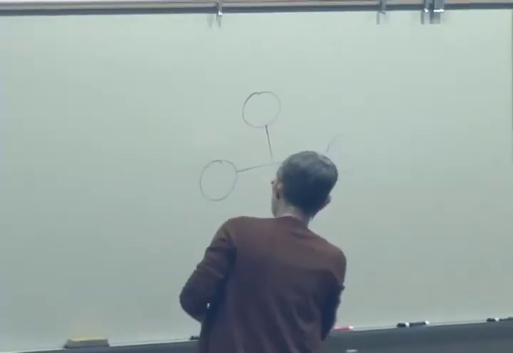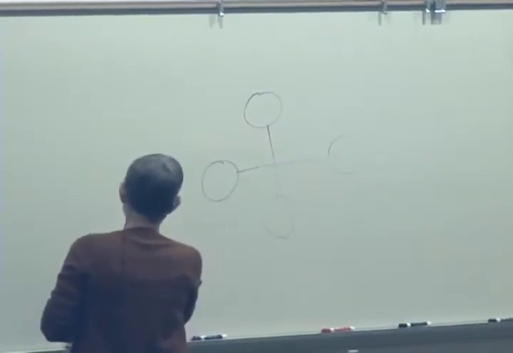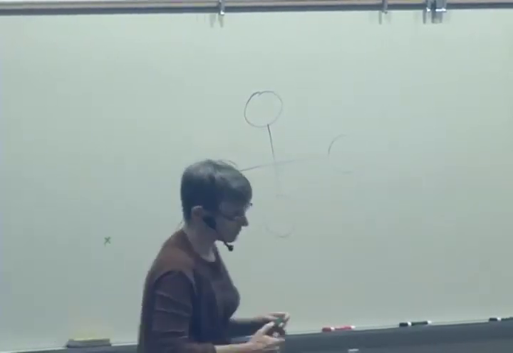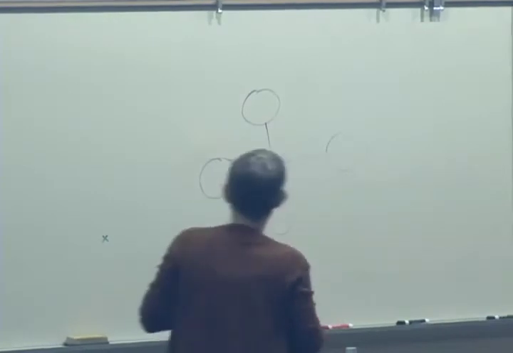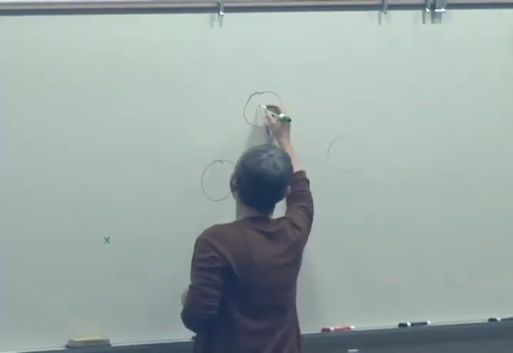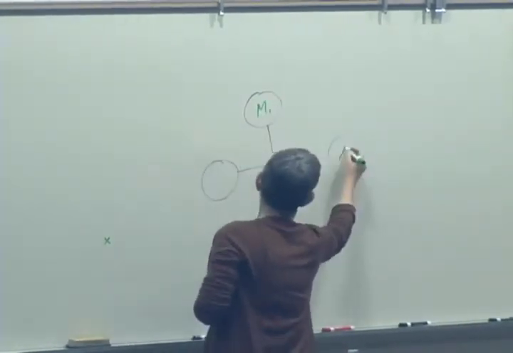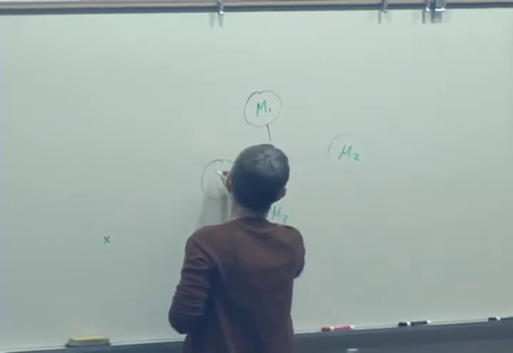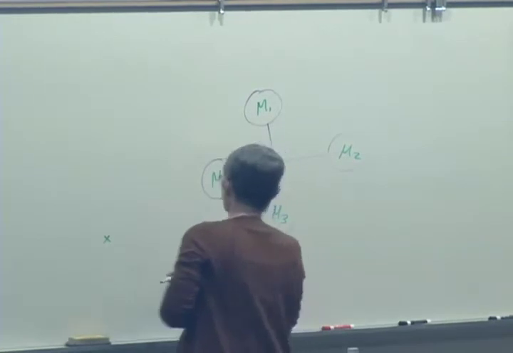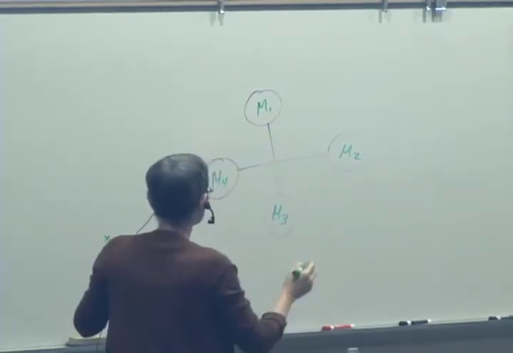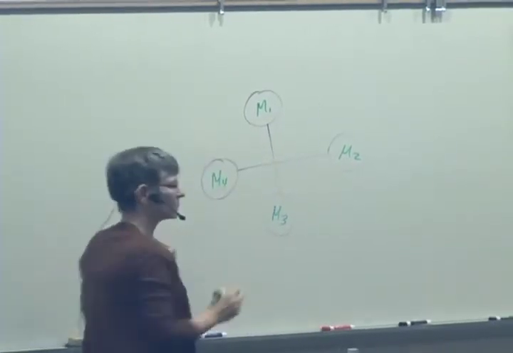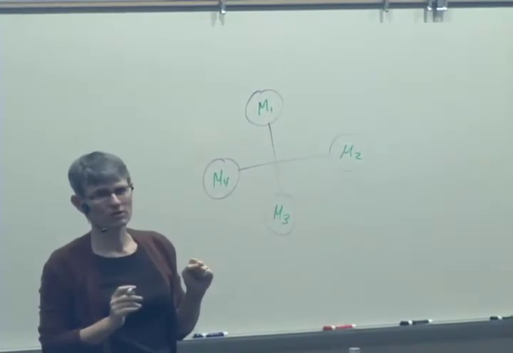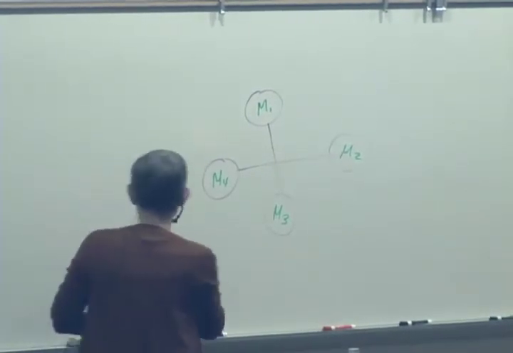I remind you that the way center of mass is defined is that you've got some origin. If this is mass M1 and that's M2 and that's M3 and that's M4, the way we find the location of the center of mass of the system relative to the origin is a weighted average.